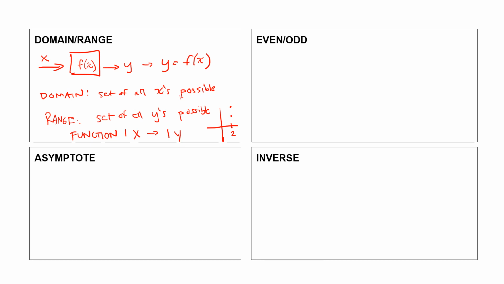Now let's talk about asymptotes. There's another example in one of the coming slides for this, but let's pretend we had some function, y equals 1 over x. Very simple, right? Now if you graph that, you'll get something that looks like this. I'll do it in blue. And you'll realize x can never be 0, right?